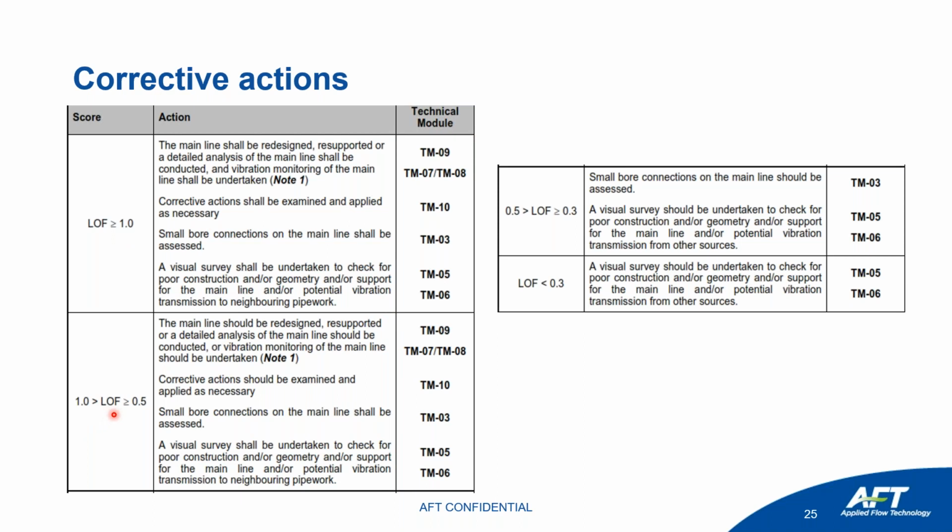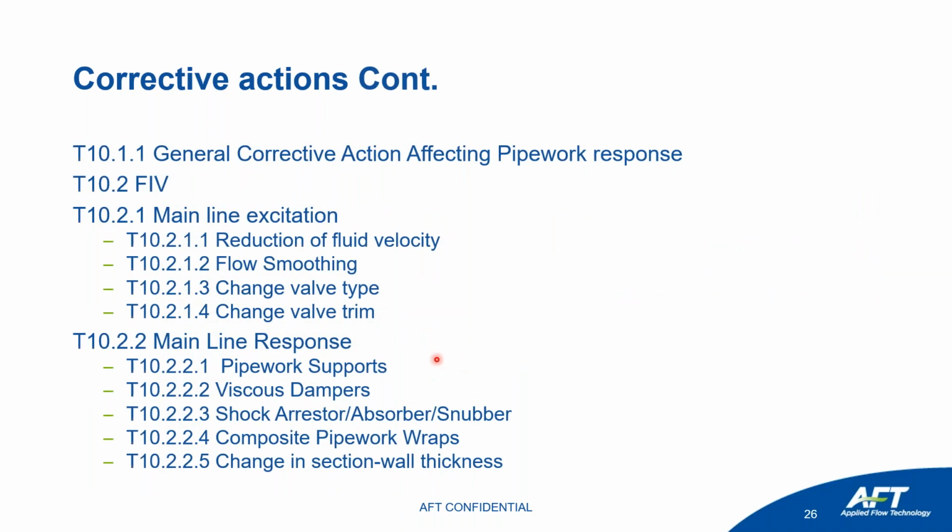If it's between 0.5 and 1, then it provides you guidelines for the same, and so on for the other values. Also, it has a section that provides, in detail, as the one indicated here, the description of the solutions that will help you solve the problem. So the general section T10.1.1, general corrective actions affecting pipe work response.